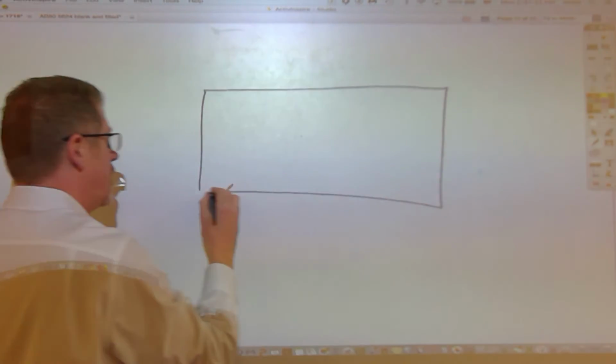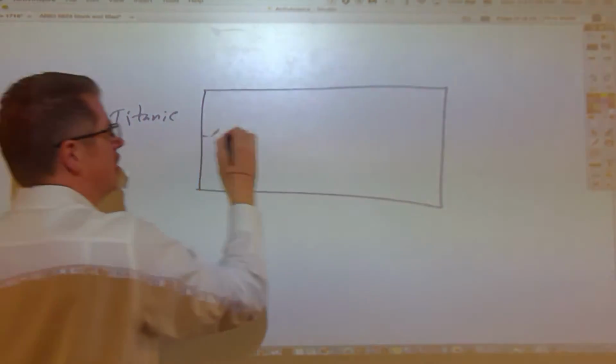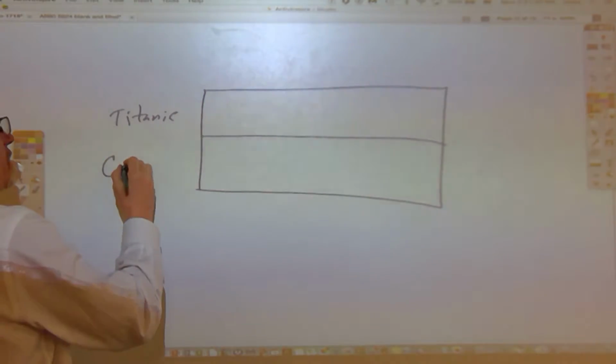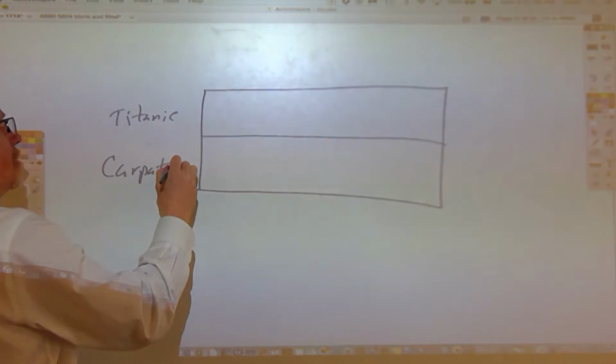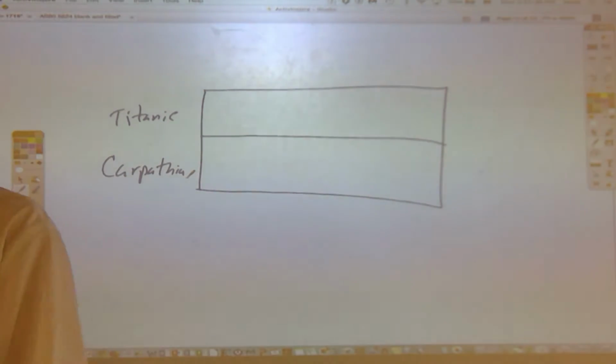And suppose we had the Titanic, it sinks, okay? And then another ship, we'll say, should we say the Carpathia, the rescue? No, you don't get the rescue ship also sinking.